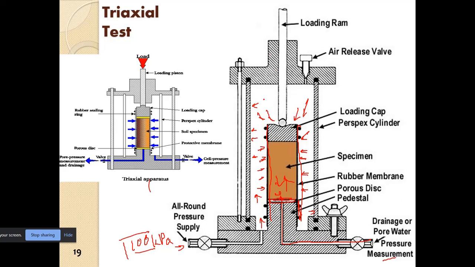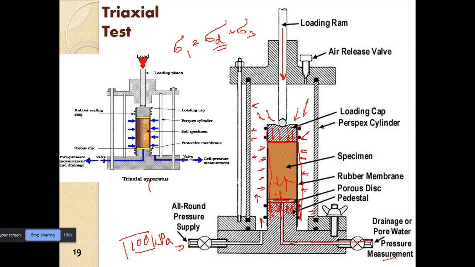Then once this is done, we apply the axial load or the deviatoric load. We apply the deviatoric load, so this is sigma d. So sigma d plus sigma 3, we will have sigma 1, which is applied on the top cross-sectional area of the soil sample. The same load will be transmitted through the bottom as well.